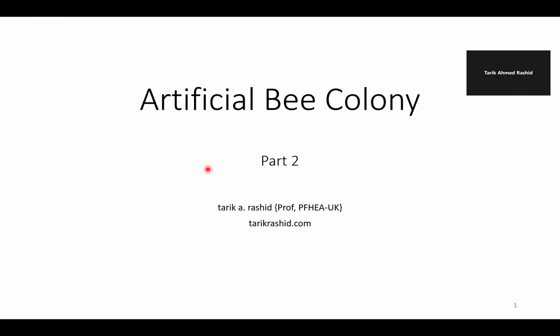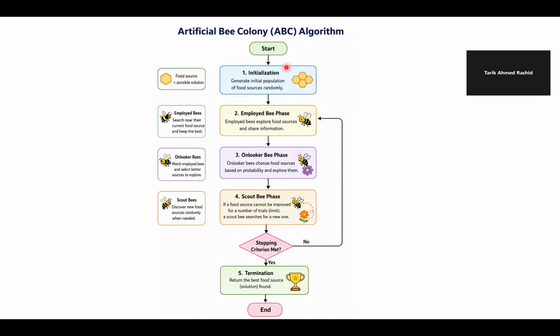We will take a simple sample example so that we can implement the steps of artificial bee colony all the way to solve that problem. Here is the algorithm initialization.